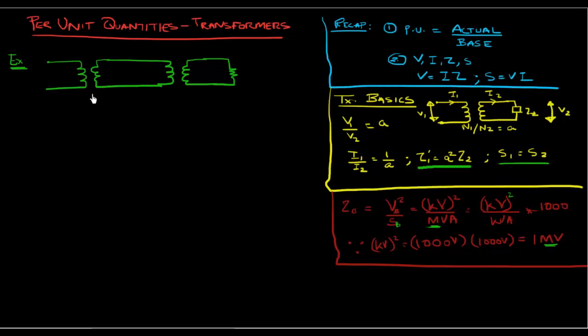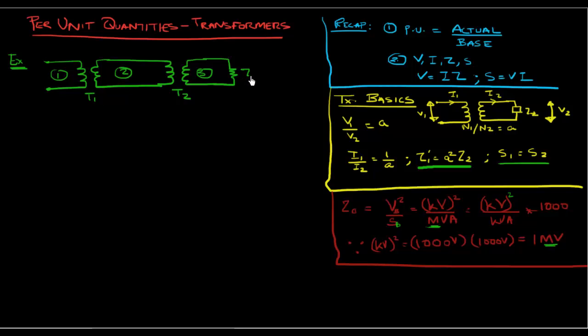Let's say this is transformer 1, this is transformer 2. Now these are almost three separate circuits. They are physically separate, right? They're electrically connected through the transformers, but they have different voltage levels on all these three different circuits. So let's say this is circuit 1, this is circuit 2, and this is circuit 3.